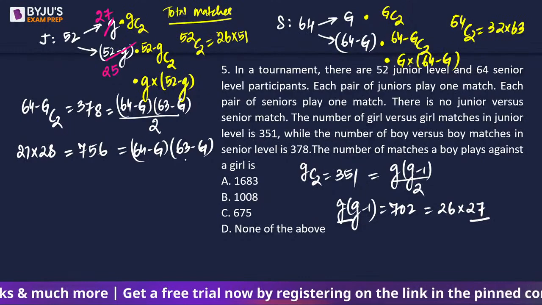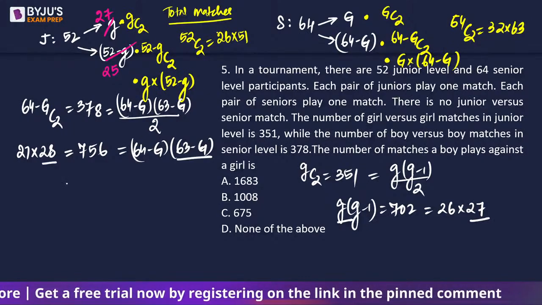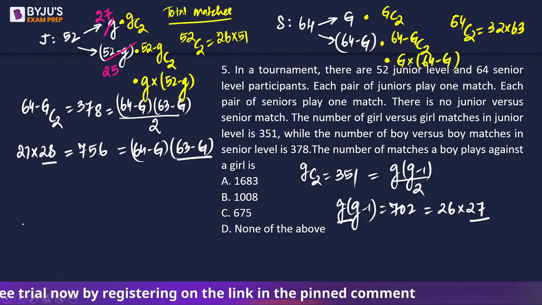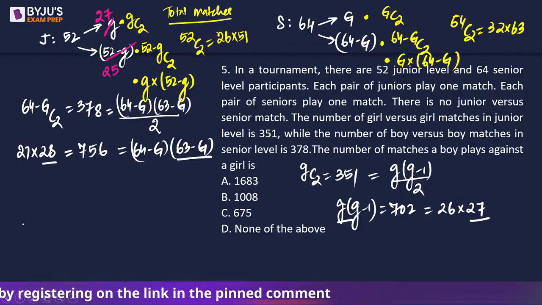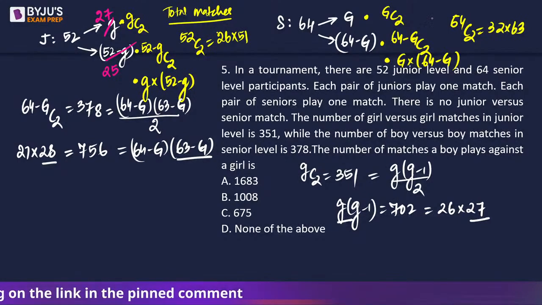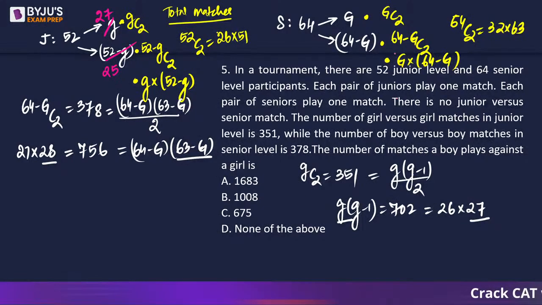If we compare, let's say 63 minus G as 28. That would result in G going to be 63 minus 28, so 35. So G turns out to be 35.